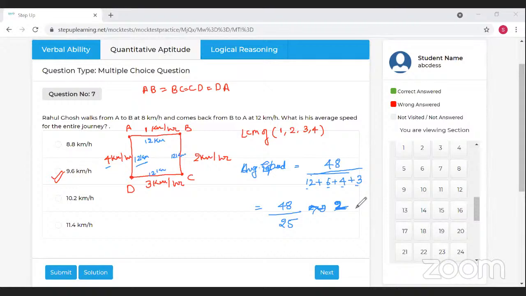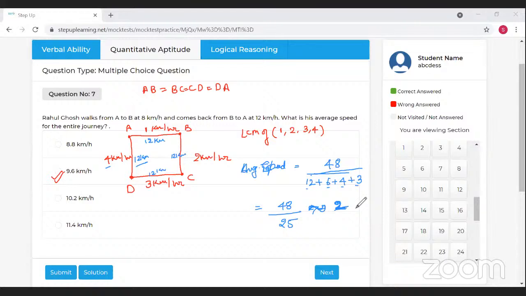Roshni, this is the extra question I gave. Okay, some Arabic or I don't know in which language it was written. So you tell me what is not clear or else I'll move on. Simply we have to take the LCM of the speeds given and then just use the logical method.